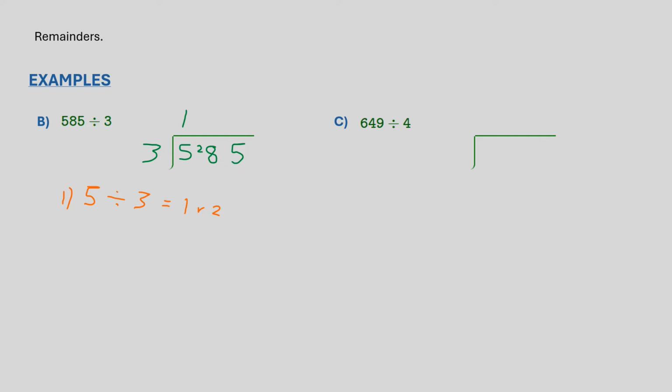What this has done is to turn the 8 in the dividend into 28. So our next separate division will in fact be 28 divided by 3 rather than 8 divided by 3.